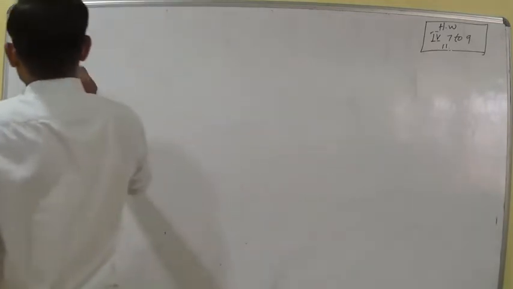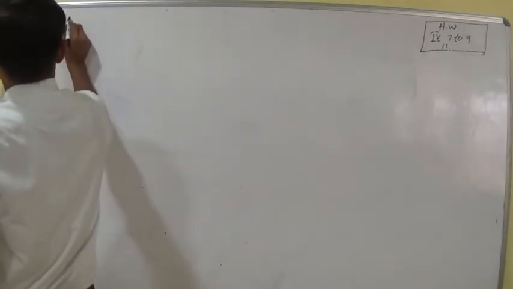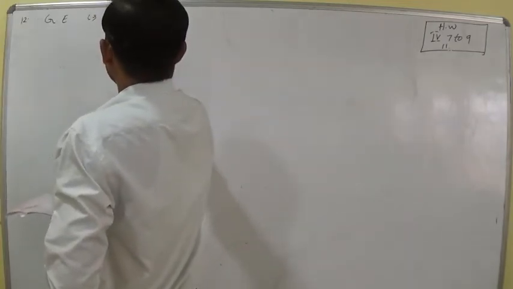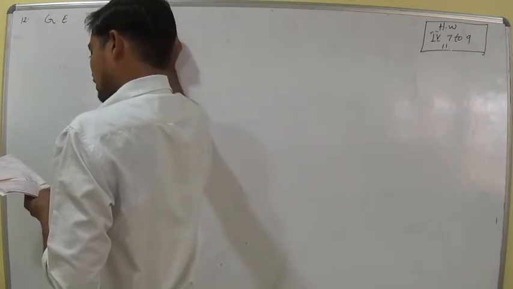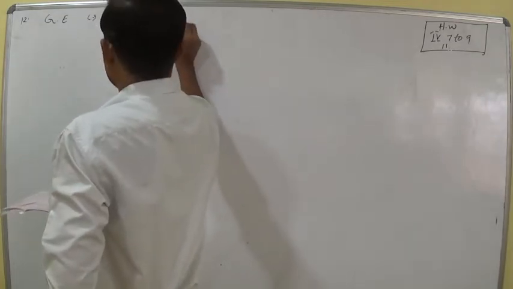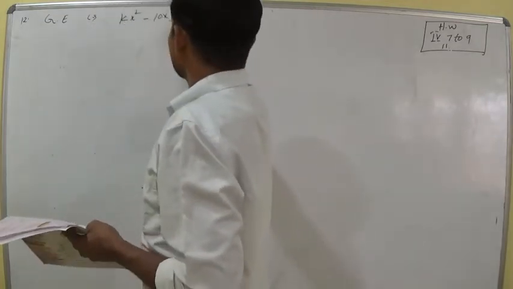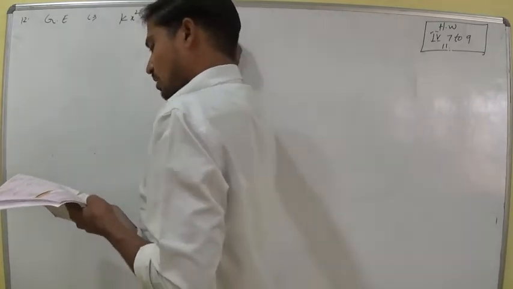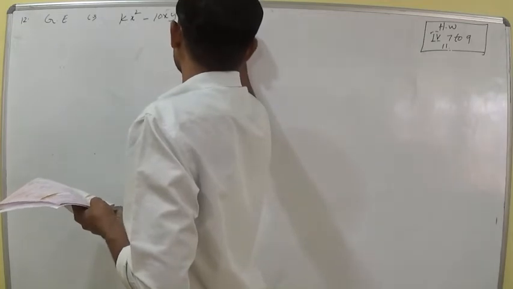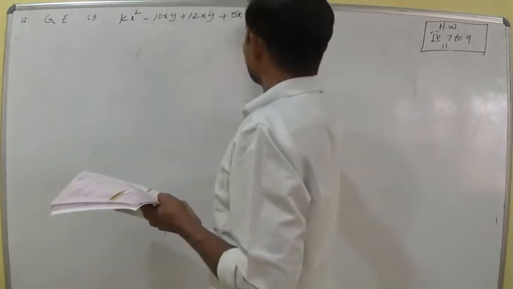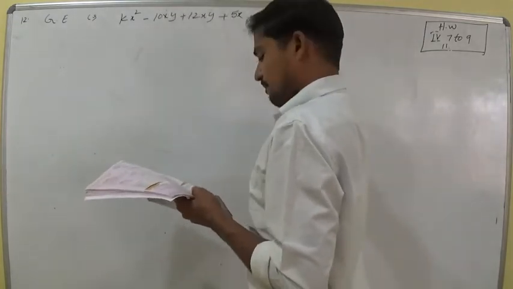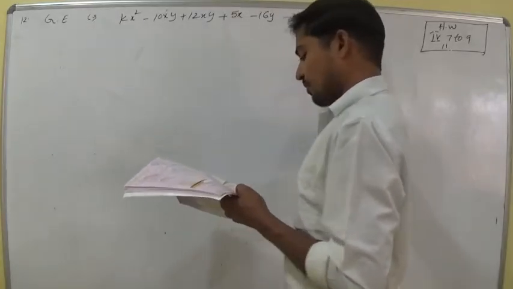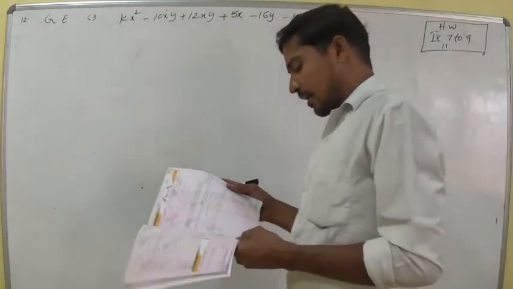Now the 12th one, the given equation is kx square minus 10xy plus 12xy plus 5x minus 16y minus 3 equal to 0 represents a pair of parallel lines.